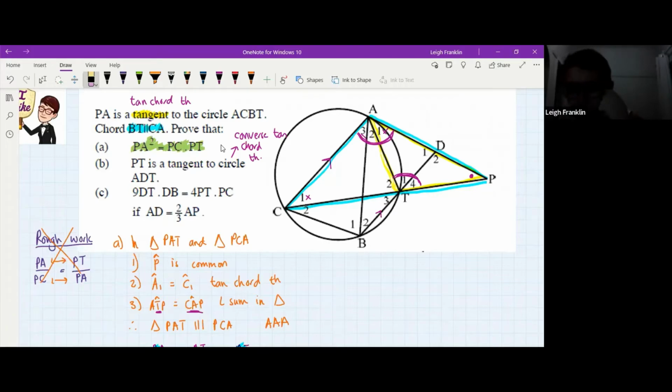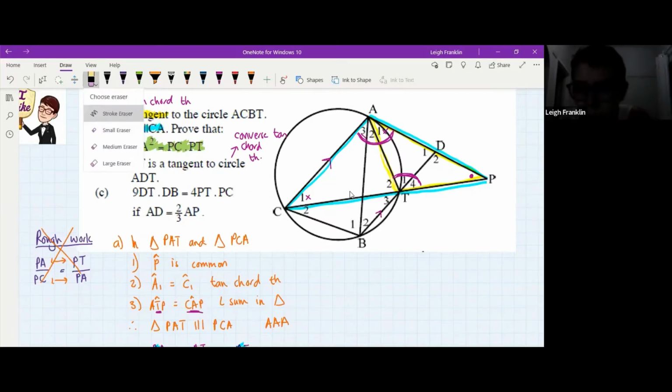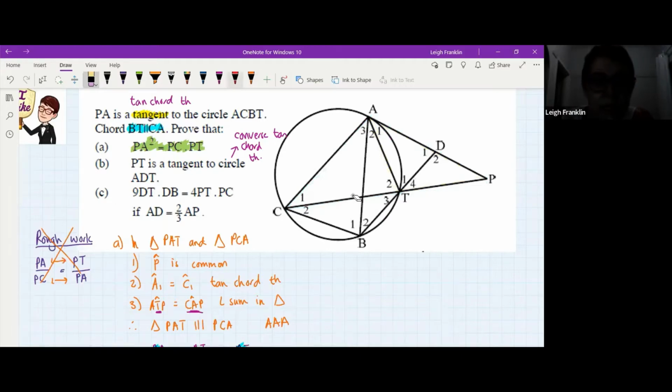Now we're going to go back and look at our diagram, and we can see that line PT, so I'm just going to rub this out. Okay, line PT is over here, and it is a tangent to circle ADT.